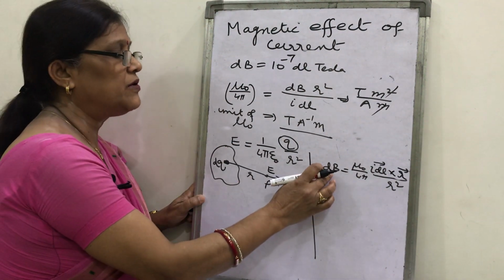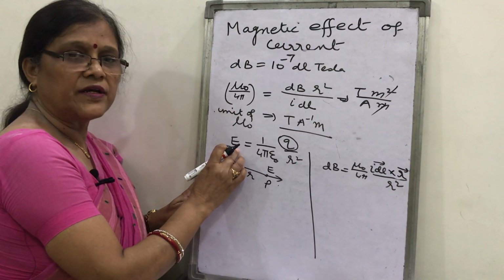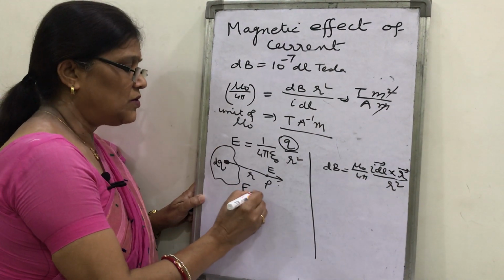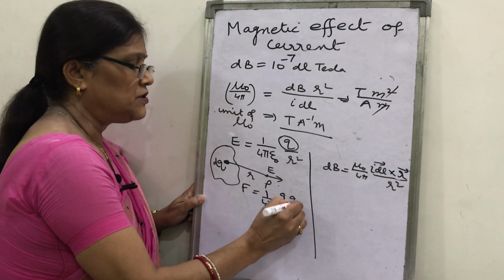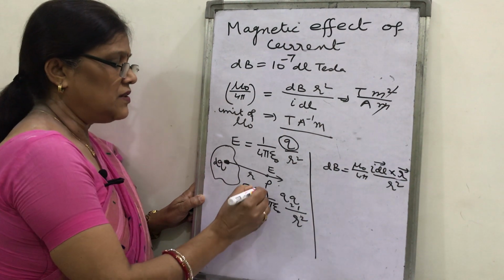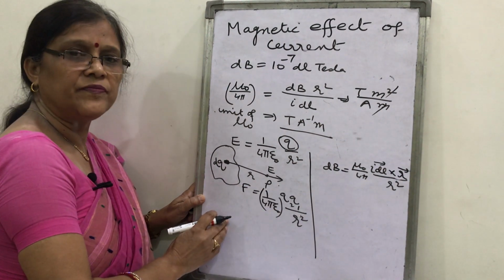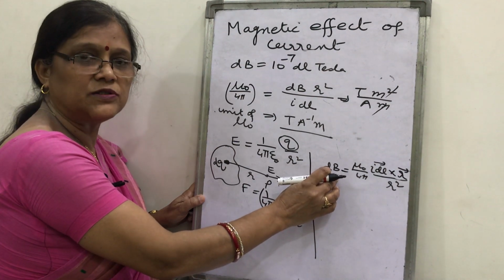Here we write the magnetic field dB, and there the electric field. In Coulomb's law, the same formula is written for two charges q1, q2 with distance r square between them, with this constant, and this force is a vector, just as the magnetic field is also a vector.